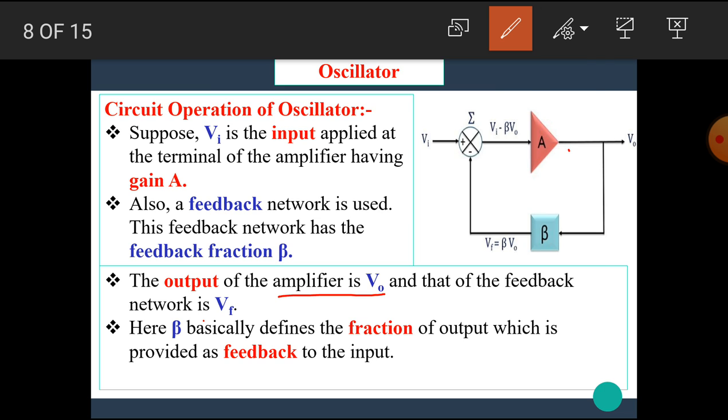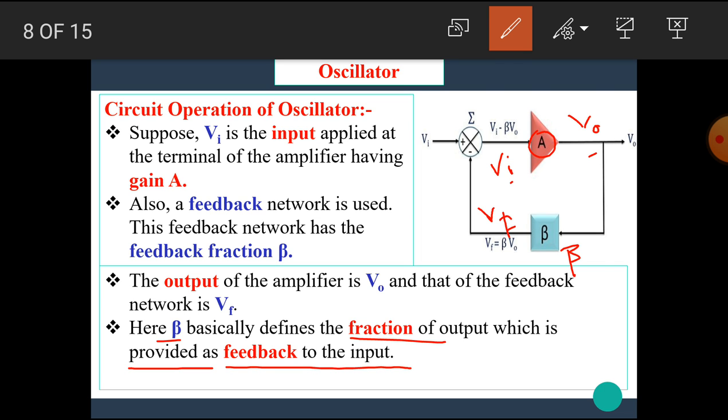Let's see once again: the input of this amplifier is Vi, the gain of the amplifier is A, the output of the amplifier is V0, the feedback fraction is beta, and the output of the feedback path is Vf. I hope the terms are clear. Here beta defines the fraction of the output which is provided as feedback to the input.